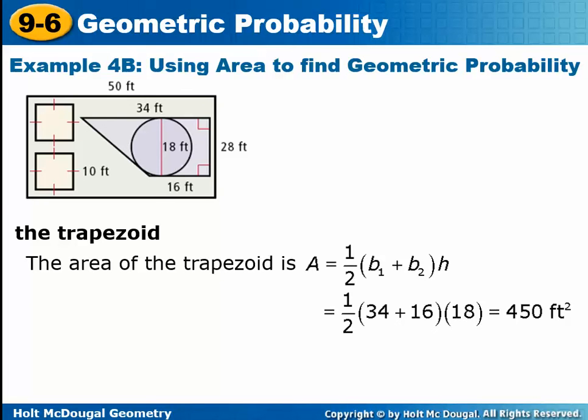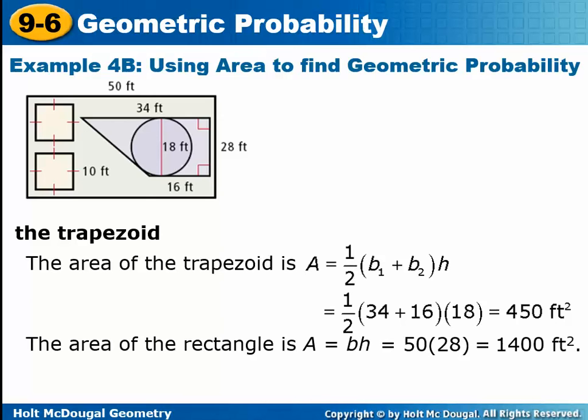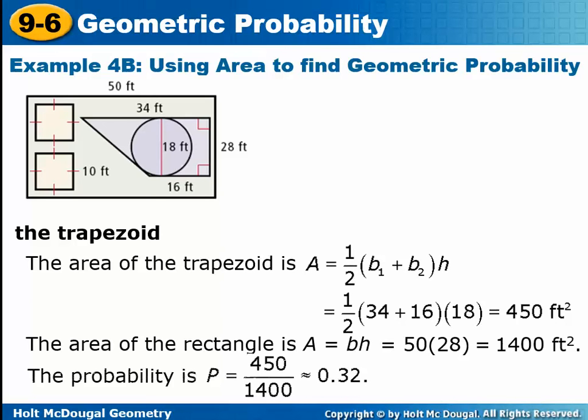Base 1 is 34, base 2 is 16, the height is 18. That's 450. Now we already found the area of the rectangle. We wouldn't have to find it again, but in case you forgot, it was 1,400. So our probability is going to be 450 over 1,400, which simplifies to about 0.32. So it is a higher probability that a point chosen at random would lie inside that trapezoid.